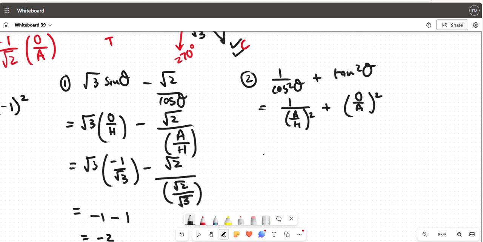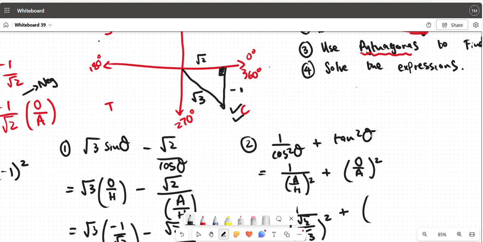Then if you substitute, you should get 1 over, so A over H, I've already used it here. Let me just copy there. Root 2 over root 3, excuse me, squared, plus O over A, I've not used O over A. Let me just go up.